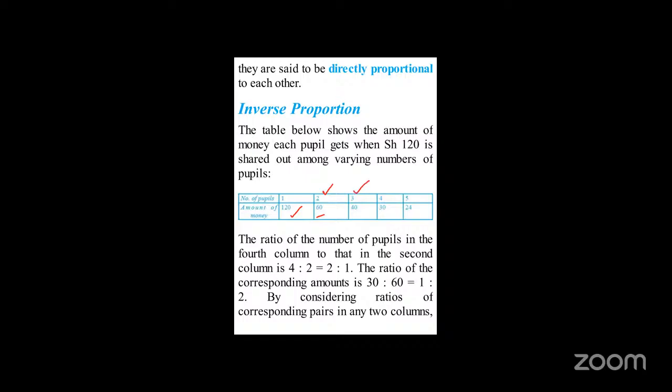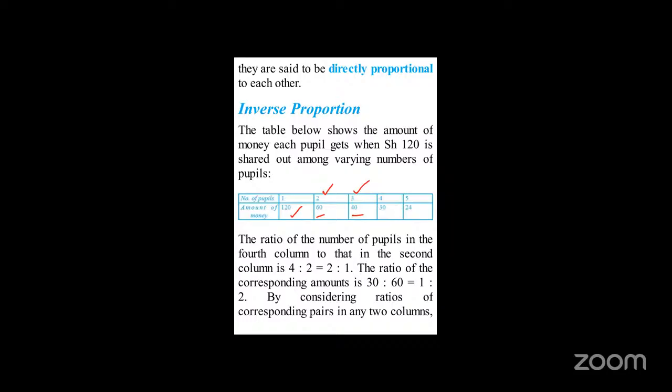And here also, when they increase to 3, the share or the money to be shared will reduce to 40. So in this case, as the number of pupils increases, the amount of money to be shared decreases. So this is what we are going to call inverse proportion.